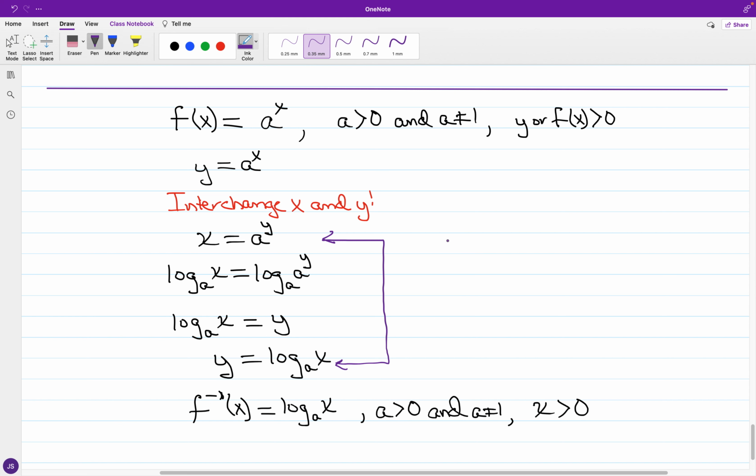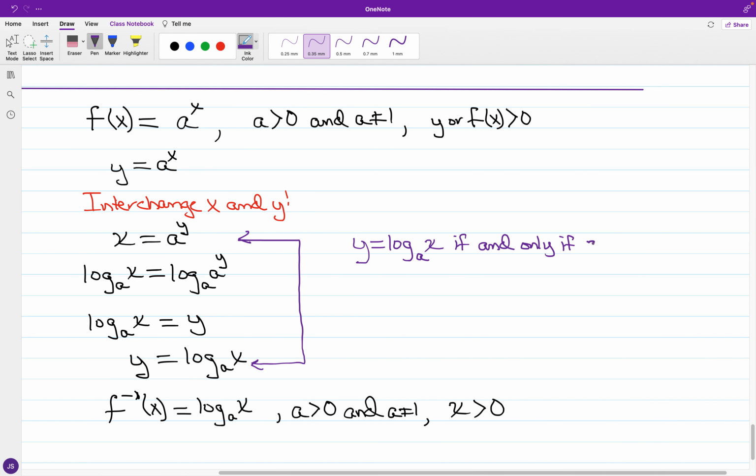There is a property, and this is going to be that y is equal to the base a logarithm of x if and only if we have that x is equal to a to the y, and we have contingent upon that a is positive with the exception of 1, and that x is positive.